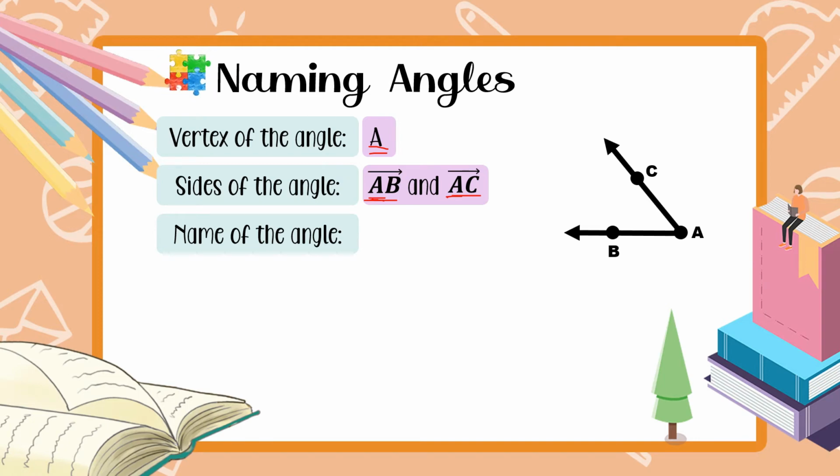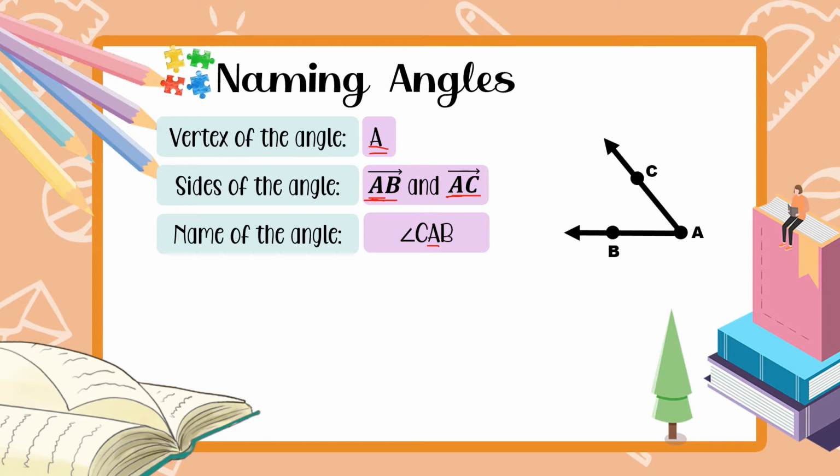So, you can call this angle as angle CAB. This parang V na nakahiga, this symbol is the symbol for angle. Kapag nagpapangalan tayo ng angle, kailangan nakasulat yan. So, we name this angle, angle CAB. As you notice, the vertex is nasa gitna.